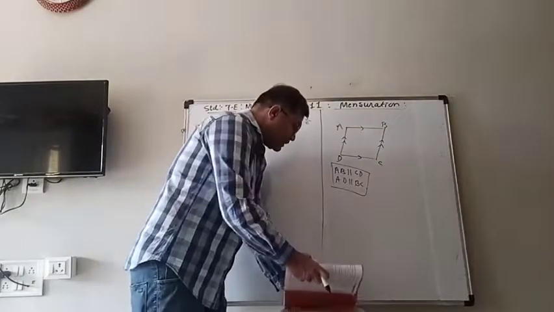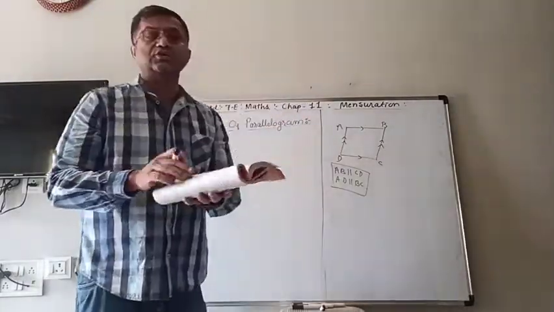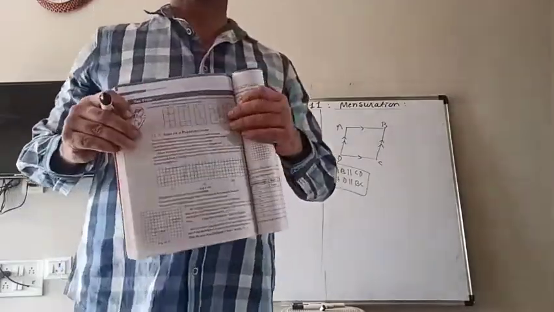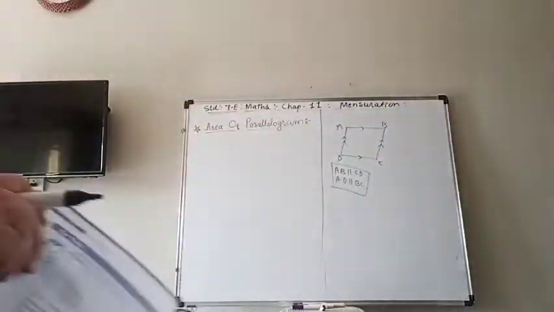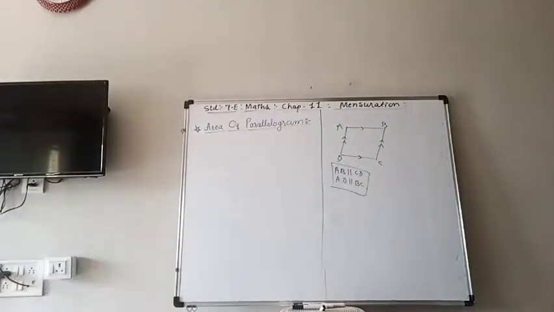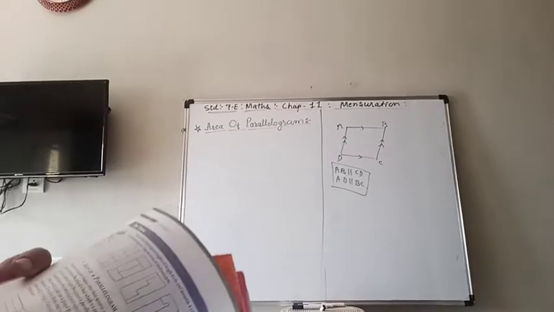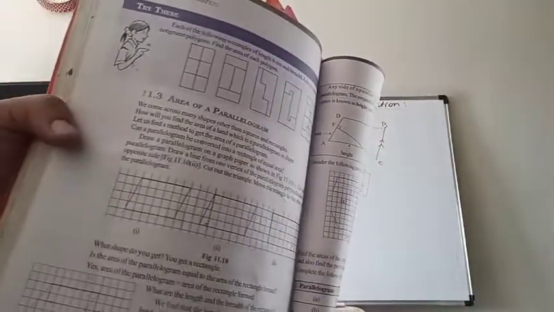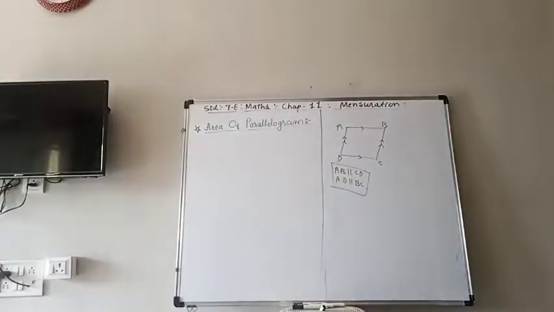As I am showing you in the book, it is shown on the page of squared paper. Now in the squared paper, you can see that it is just converted into a rectangle.